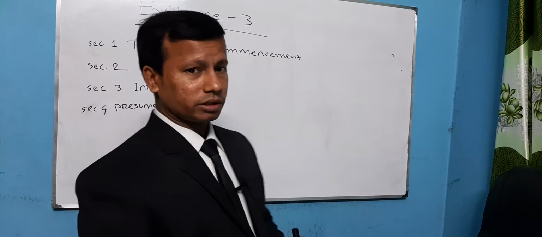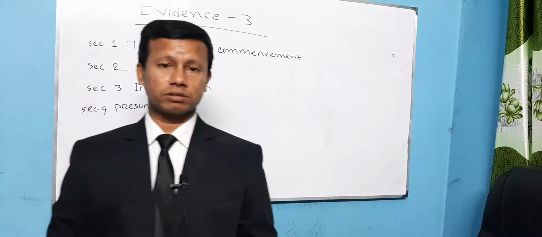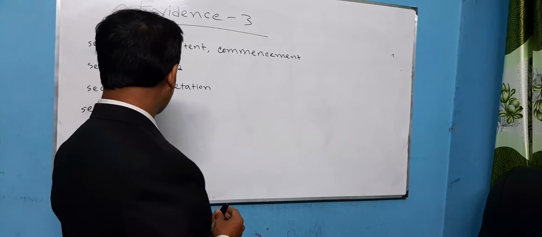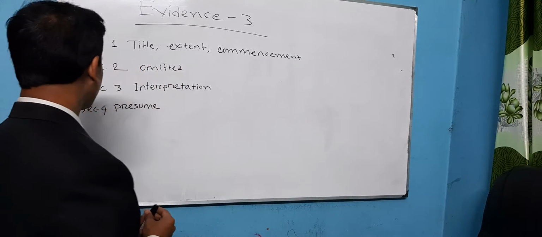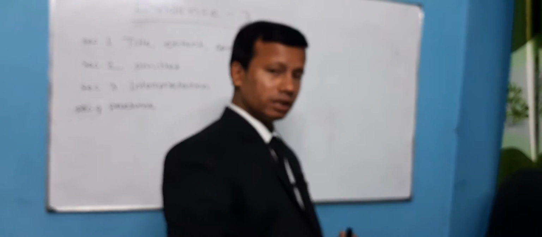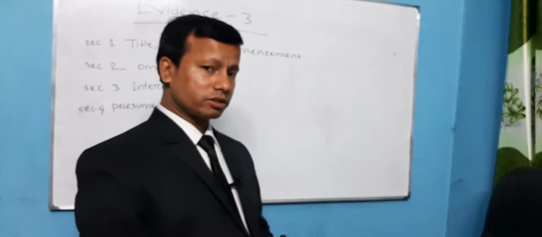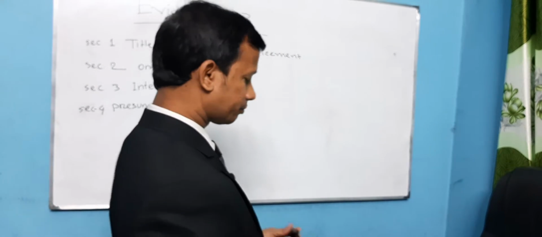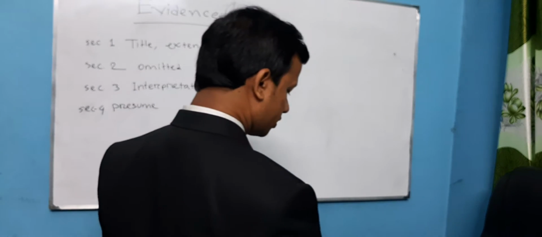Court is the magistrate, judge, or persons who are empowered to take evidence or witnesses. This is called court. So I think you have understood what court is in the Evidence Act. A court is something different.